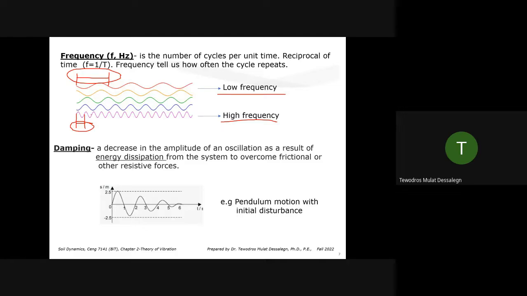These are very big concepts when we go deeper into the course, because depending on your building's frequency, taller buildings act like this with a longer period, low frequency. But shorter buildings are high frequency with a lower period. So depending on the period or the frequency of your building, that's how seismic motion selectively attacks. That's the concept we call resonance, for example in the Mexico earthquake.